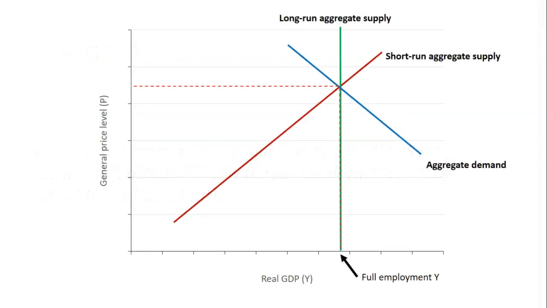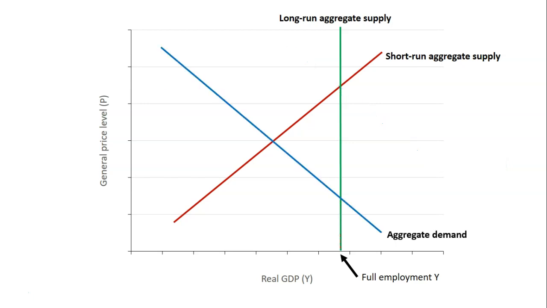So let's imagine that the economy were operating at the full employment level of real GDP, as is reflected here. And then let's say that for some reason aggregate demand falls. Remember, aggregate demand is composed of C plus I plus G plus NX. So if any of those components of expenditure fall independently of the general level of prices, then we'd have something like this.